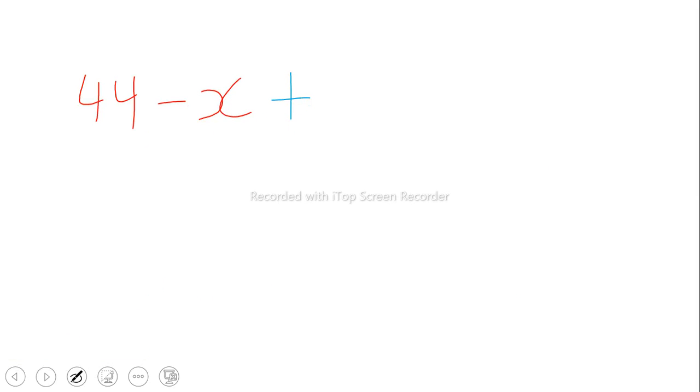Twice as much. How do you represent that? X times 2, or something like that. Very good. 2x. How much is left inside the bus? 50. Right, so that's how we set it up.